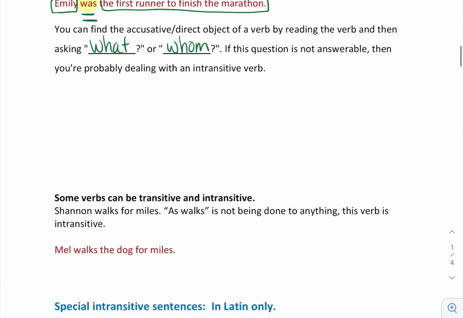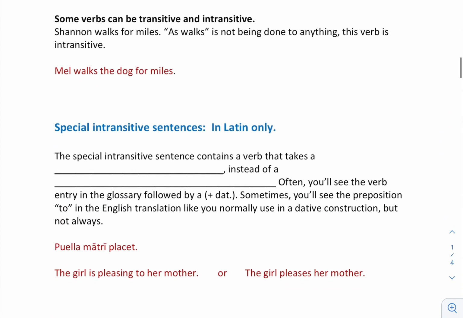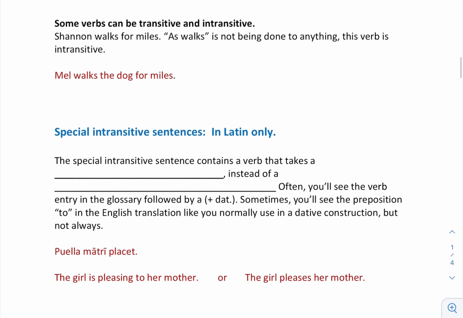All right, some verbs can be transitive and intransitive. So if I say, Shannon walks for miles, is walk being done to anything? No. Miles is not being walked. So as walks is not being done to anything, this verb is intransitive, even though it's not a to be verb.